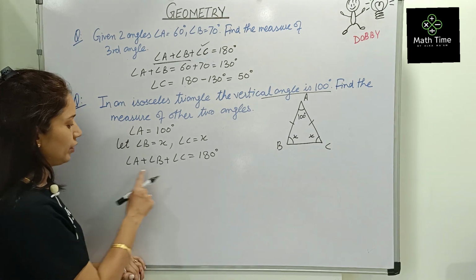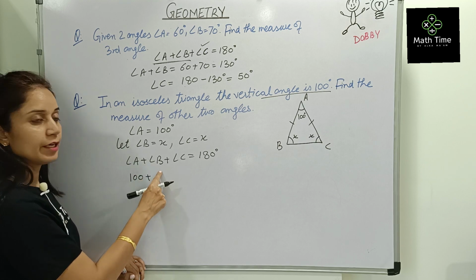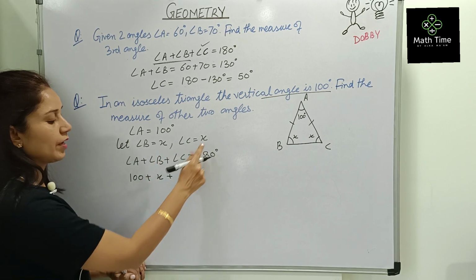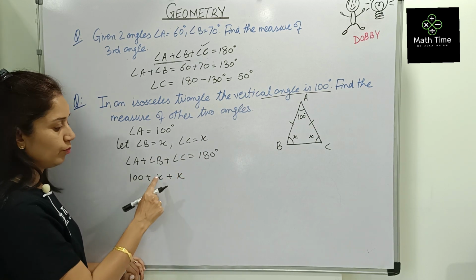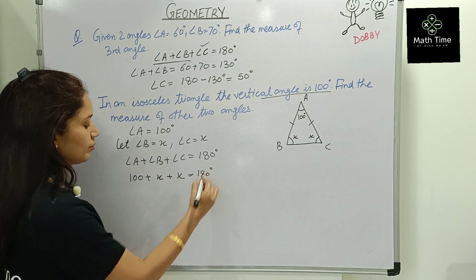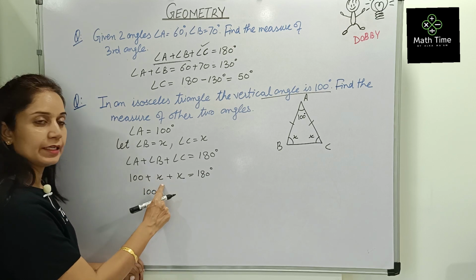Let us put the values here. In place of angle A, write down 100. In place of angle B, let us replace it by x. In place of angle C also x. So 100 plus x plus x equals 180 degrees.